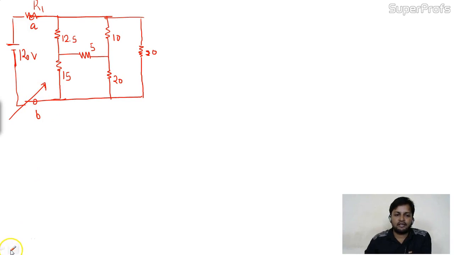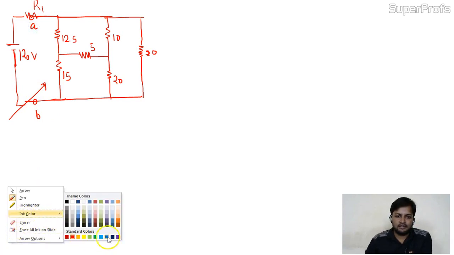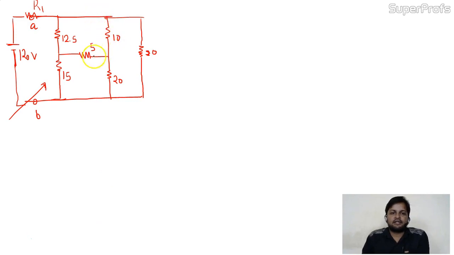So here you can clearly see that we have to start from the ending portion of the circuit. Here this 30, 10 and 20 are not connected in series combination. No series, no parallel. You can clearly observe this 30 and this 10. Are they in series?